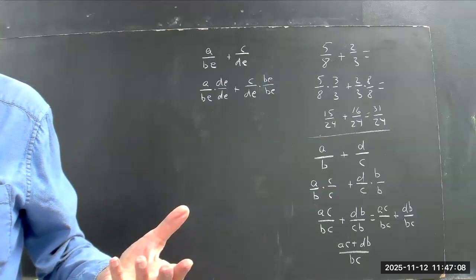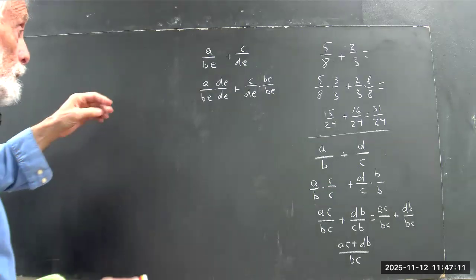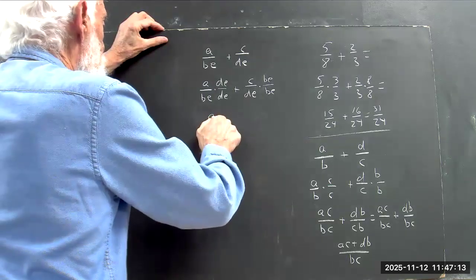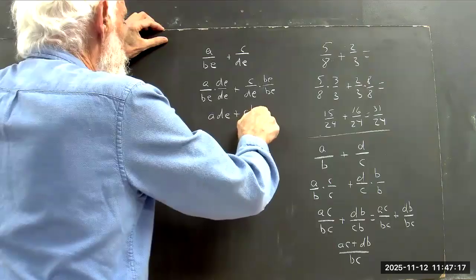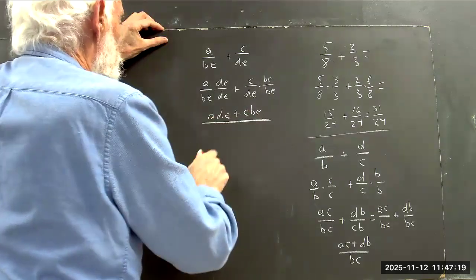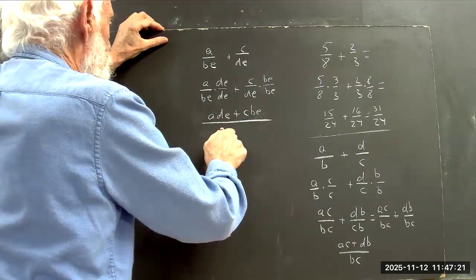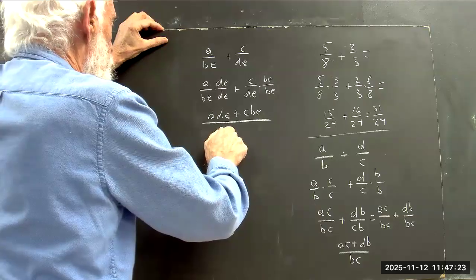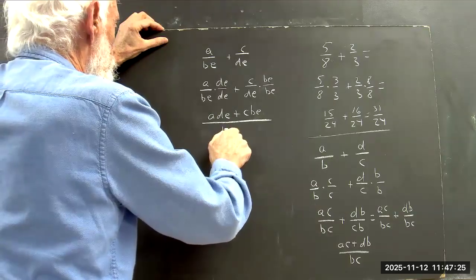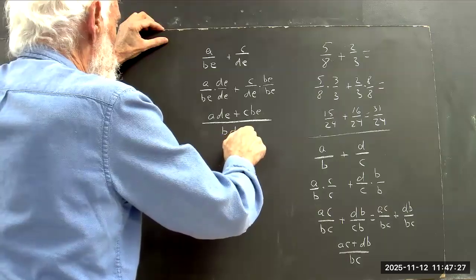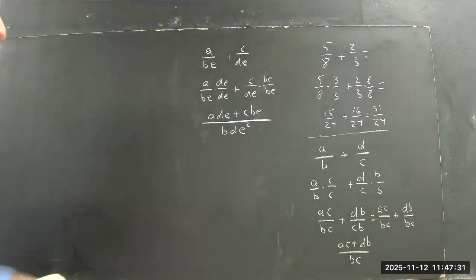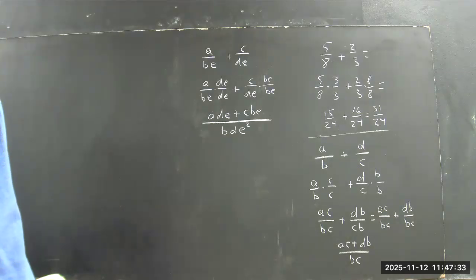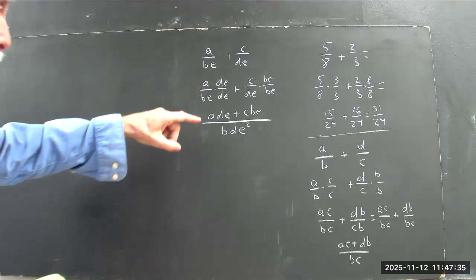You can see if that's going to work, right? That's going to give you ADE plus CBE, all divided by BDE squared. Now it's just a little bit of a step.